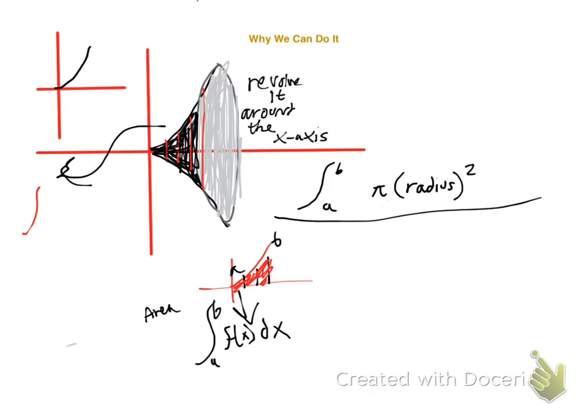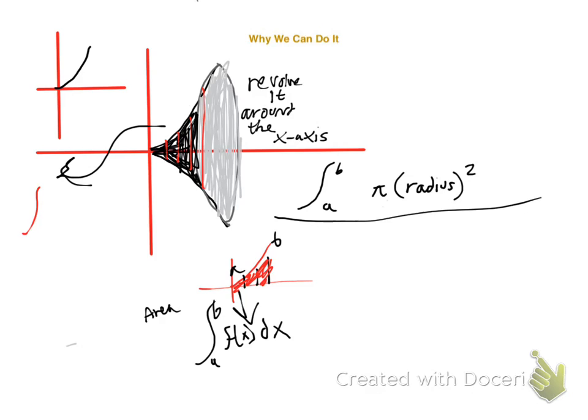Well, it turns out if you split them enough, if the small solids that you create are so small, infinitesimally small, we're still using that word, then you have little itty-bitty cylinders.